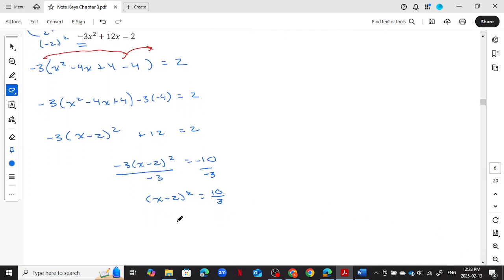Then I'm going to take that square root. I'm going to rationalize that denominator. And I end up with x is equal to 2 plus or minus the square root of 30 over 3, or if I create that common denominator of 3, that's going to be 6 plus or minus the square root of 30 all over 3.